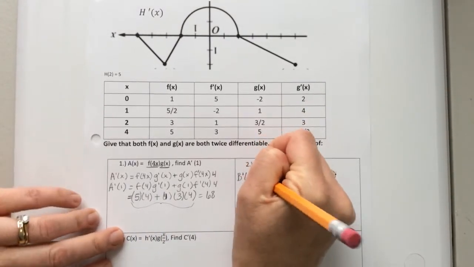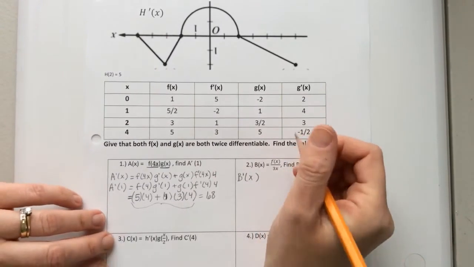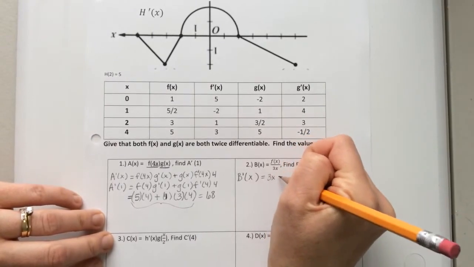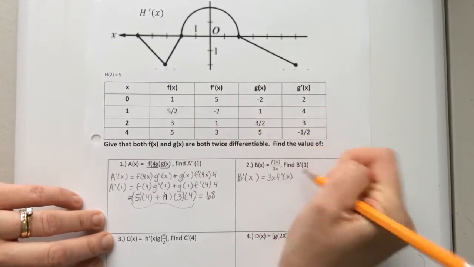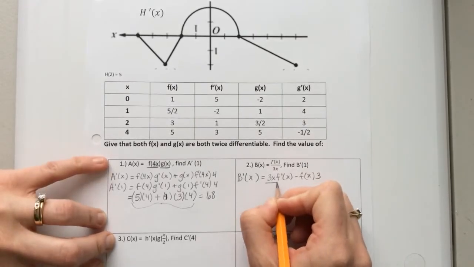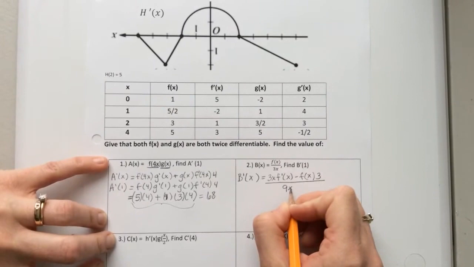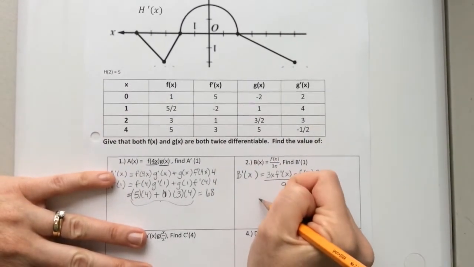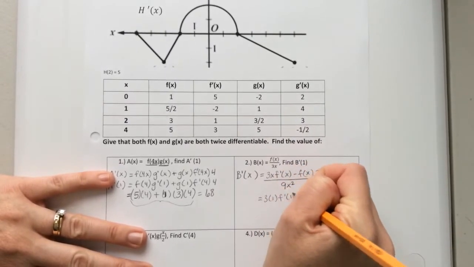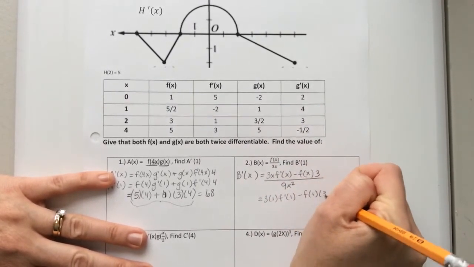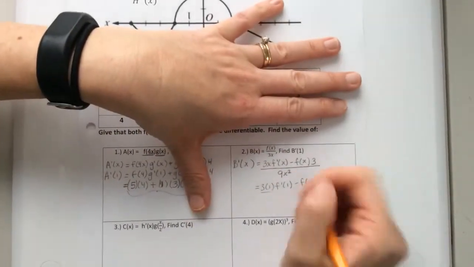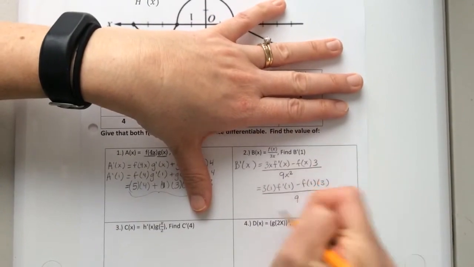B, if you notice, is a quotient, so I'm going to have to do the quotient rule. So low D high minus high D low, draw the line, square the low. Now I have to plug in my 1, so I get 3 times 1 times f prime of 1 minus f of 1 times 3 all over, when you plug a 1 into 9x squared, you get a 9.